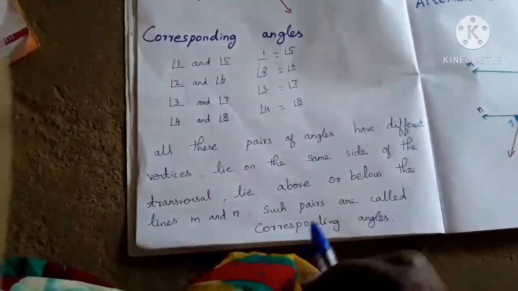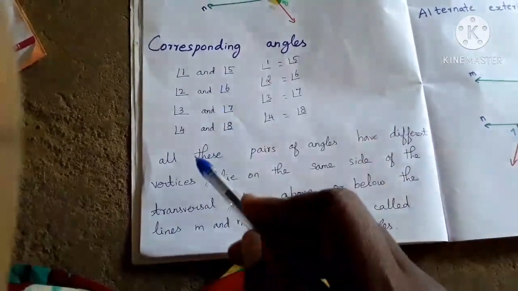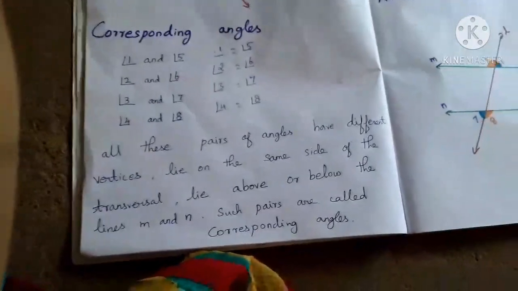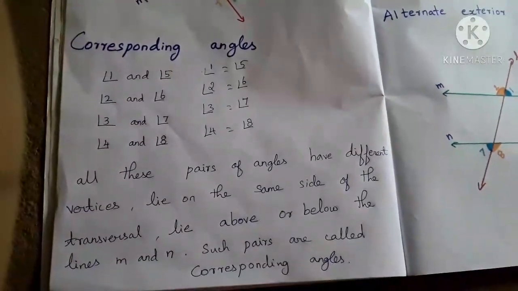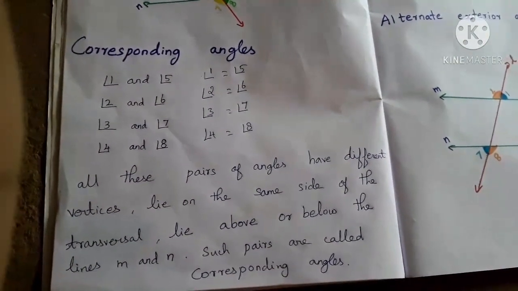So what are corresponding angles? All these pairs of angles have different vertices and lie on the same side of the transversal.